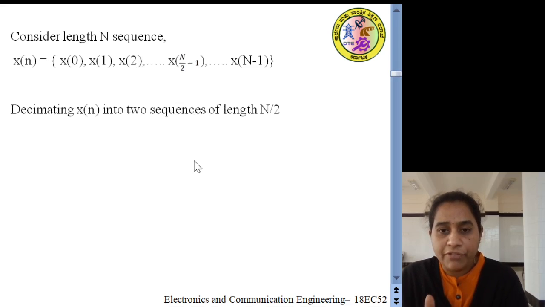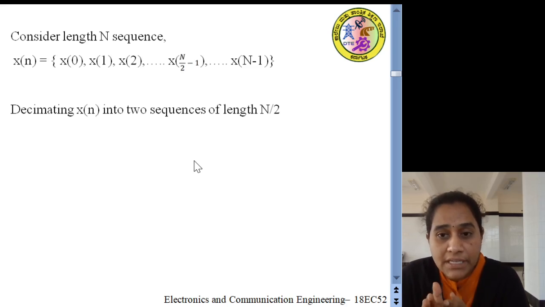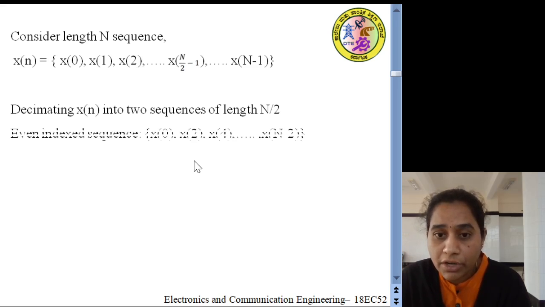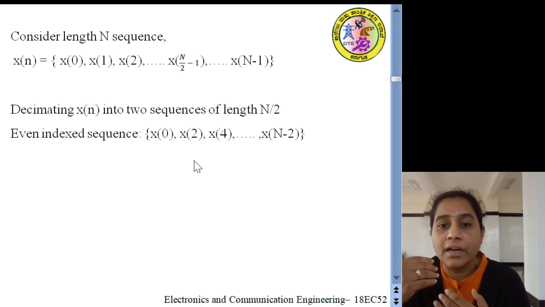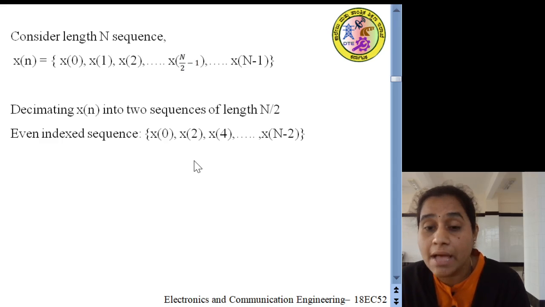Now if we decimate this x of n into two sequences of length N by 2, that means we are dividing the length N sequence into two length N by 2 sequences. How we are splitting is, we consider the sequence having even indexed values and the sequence having odd indexed samples.